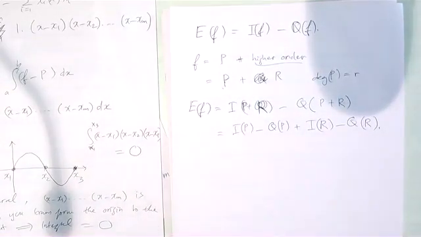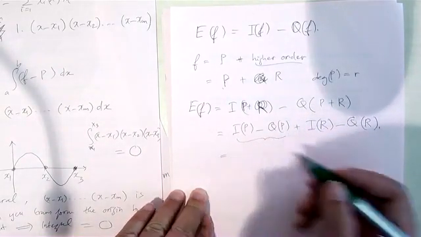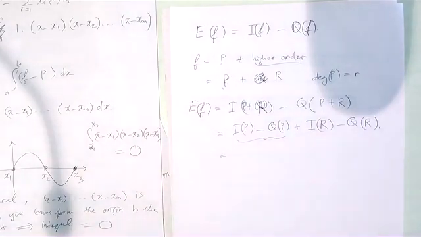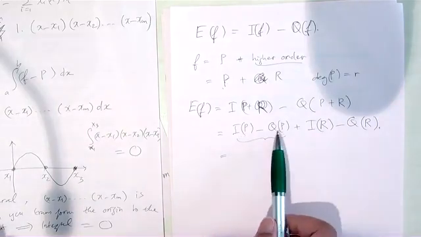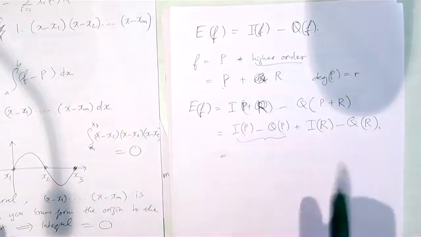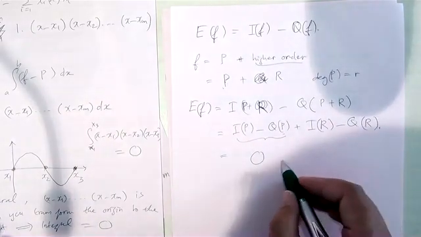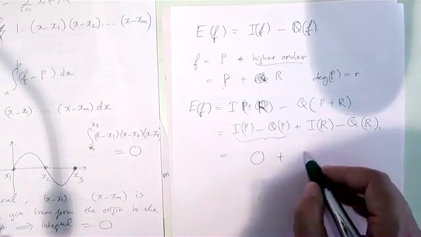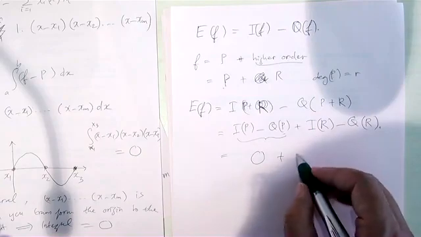And this one, remember, because p is a polynomial of degree r, the integral of p will equal the quadrature applied to p. So this one equals 0. Okay? And now what you have left is just the integral of r minus the quadrature of r.